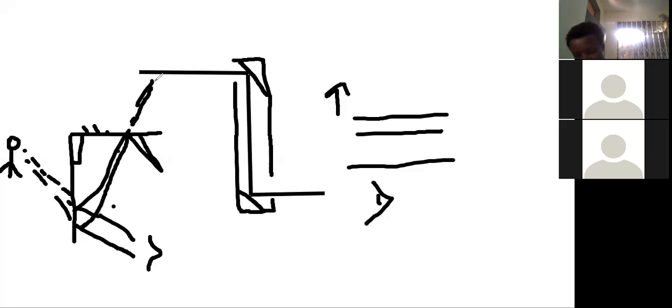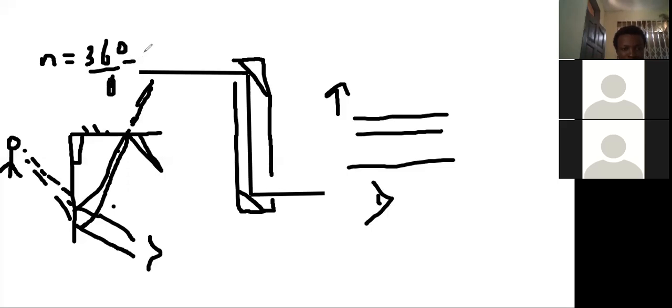And so we have a formula that we use to calculate the number of images in inclined mirrors. The number of images formed in two inclined mirrors is obtained from the expression n is equal to 360 over theta minus 1.